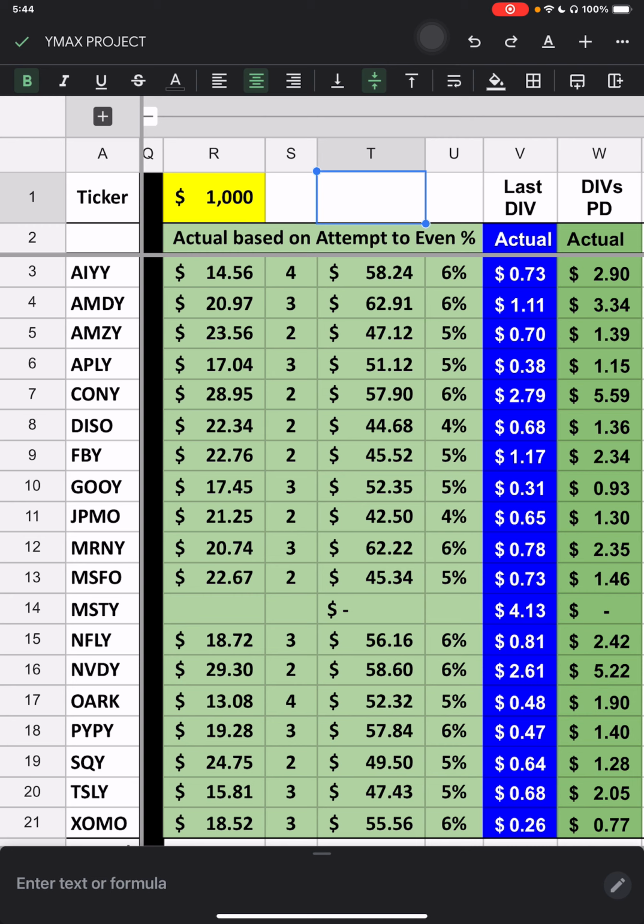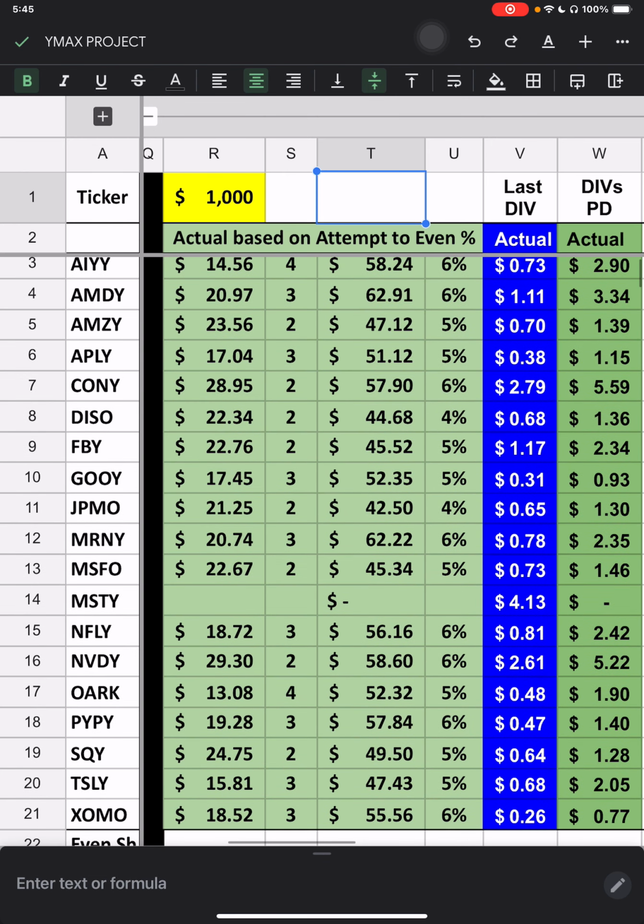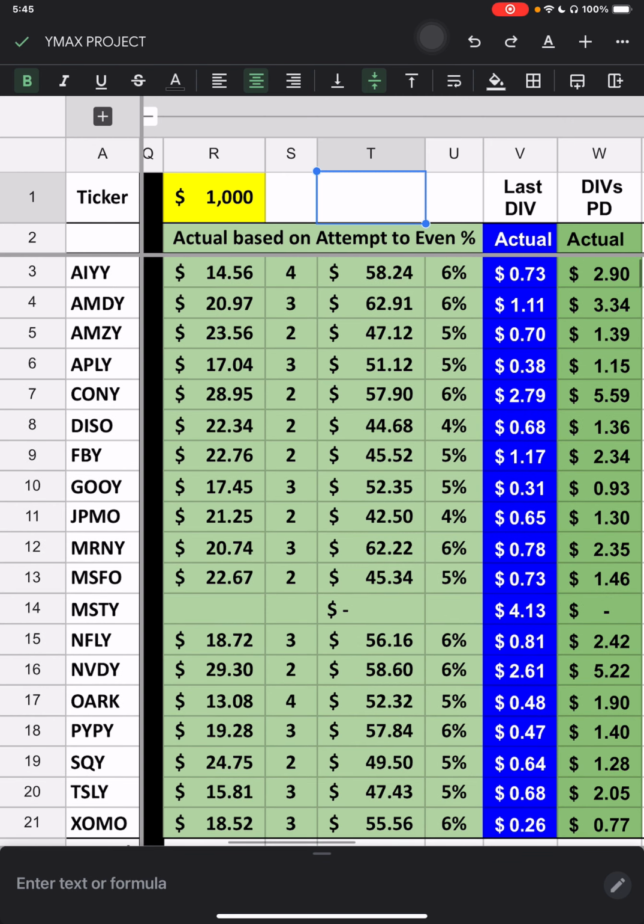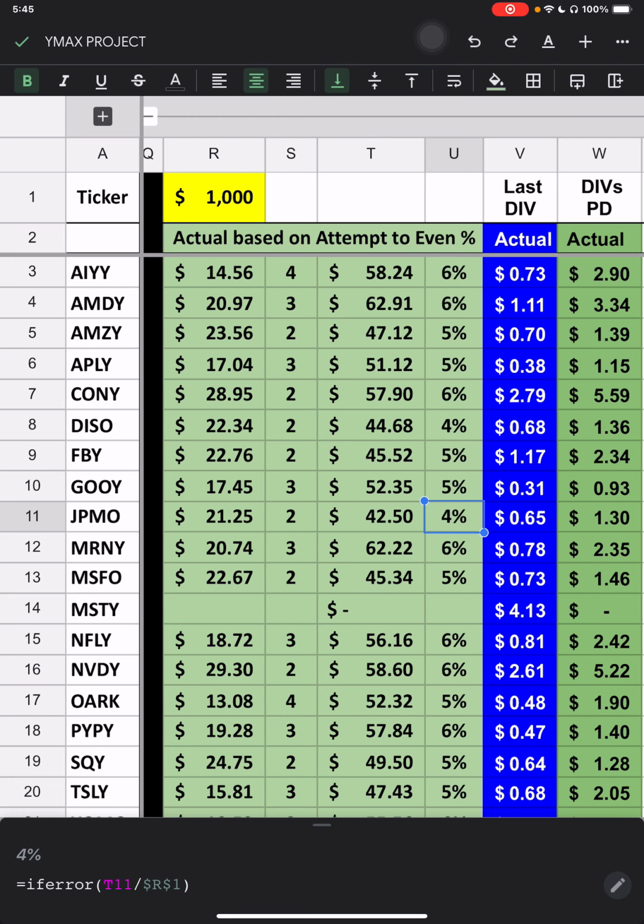But anyway, these are the actual amounts, and based on these actual amounts paid, this is the dollar amount I actually have in each one, and then the percentage of the portfolio. So you can see here, most of these are 5 to 6%.